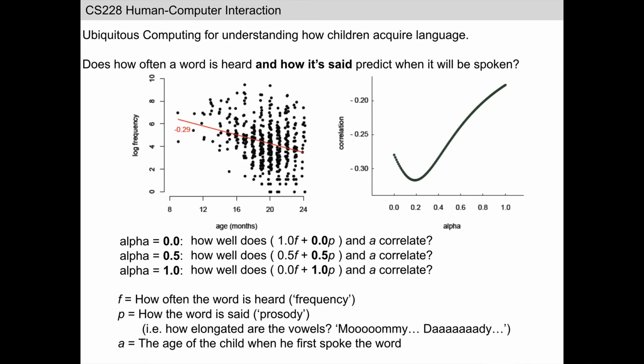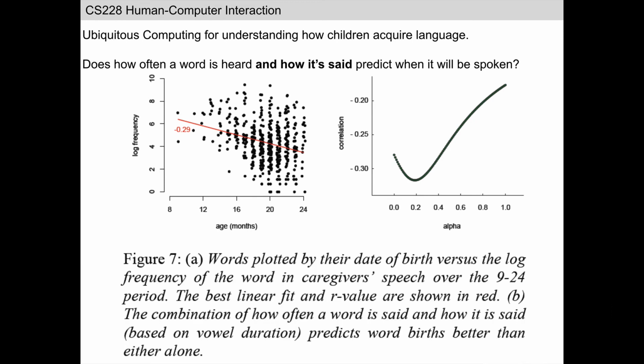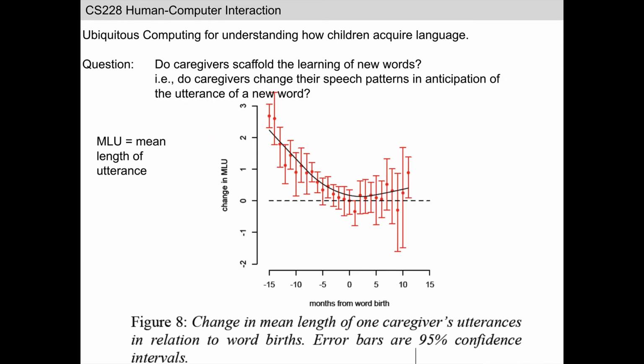The last set of hypotheses we're going to look at here was actually mentioned by Professor Roy in his talk, which is, do caregivers scaffold the learning of new words? So here we see the appearance of scaffolding again. This is kind of an interesting idea in language acquisition, which is, of course, the children are learning language.